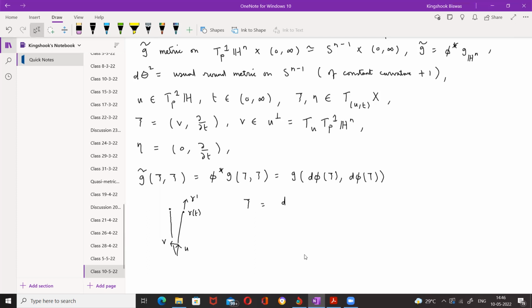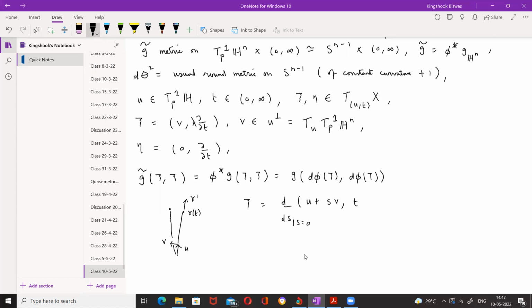So xi I can write as basically ddt of u plus sv, comma, so this should pass through t, right?